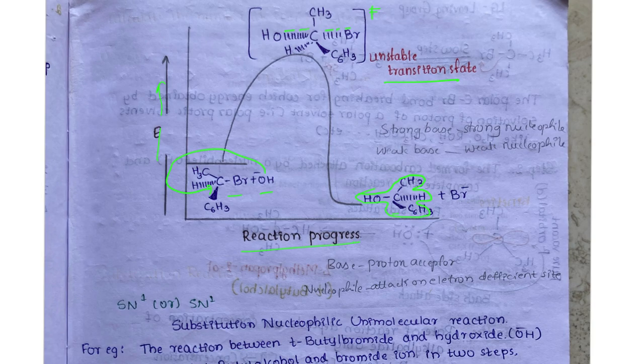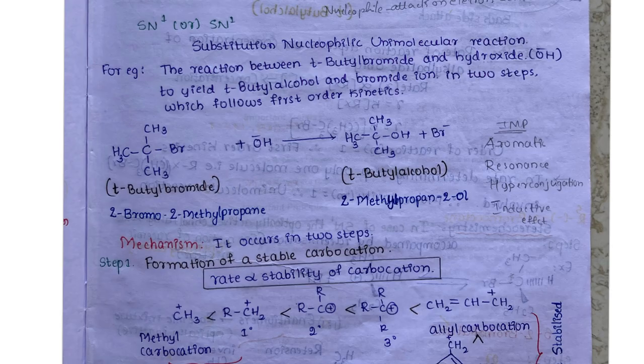Now we'll discuss the SN1 reaction. First, what I completed now is the SN2 reaction. What is required for board level, that part is maximum completed, and whatever extra is required, we discuss later. Now the SN1 reaction we'll discuss. The SN1 reaction can be represented like this.